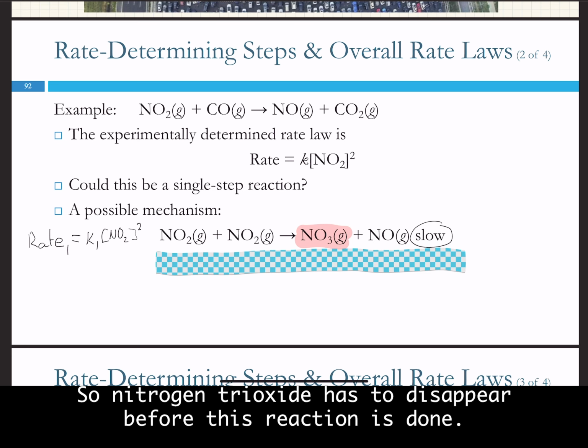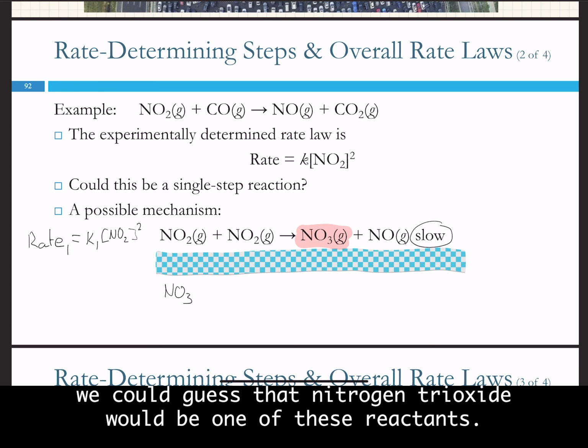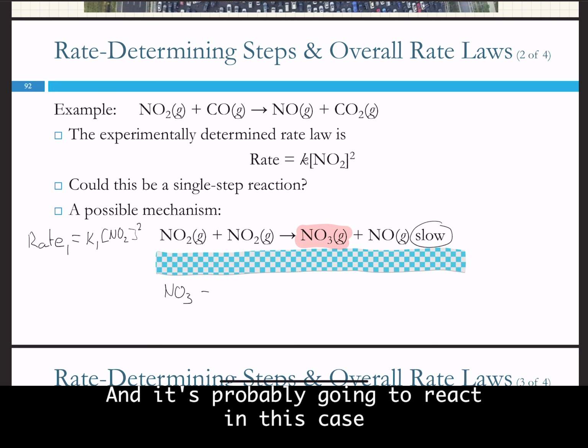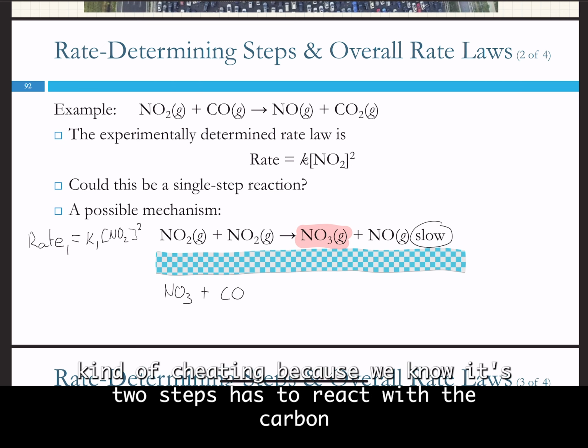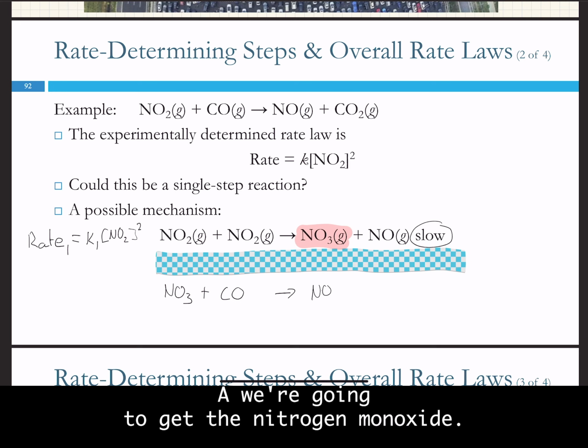So nitrogen trioxide has to disappear before this reaction is done. And so we could guess that nitrogen trioxide would be one of these reactants. And it's probably going to react, in this case, kind of cheating because we know it's 2 steps, with a carbon monoxide to make the nitrogen monoxide.